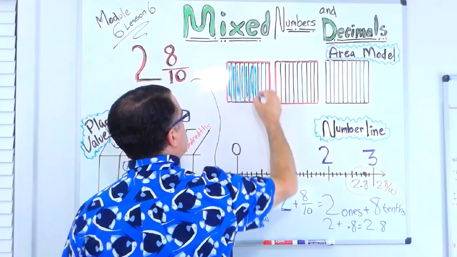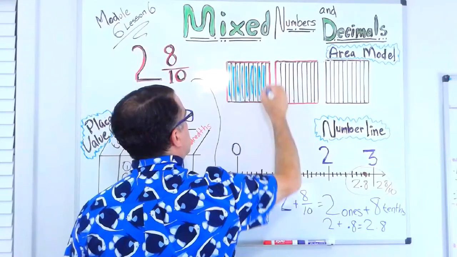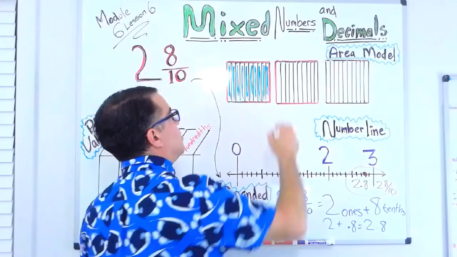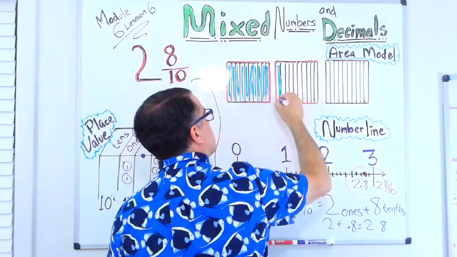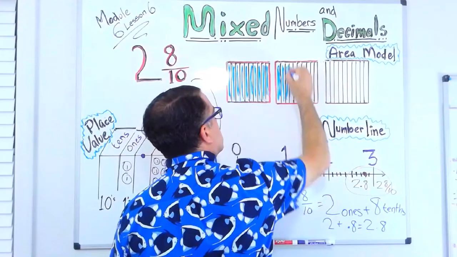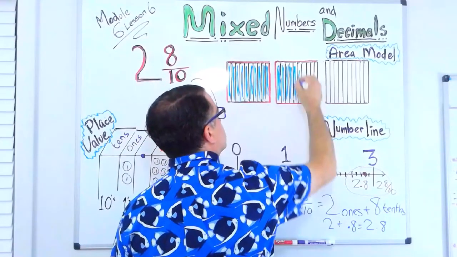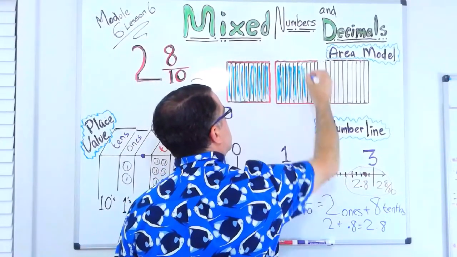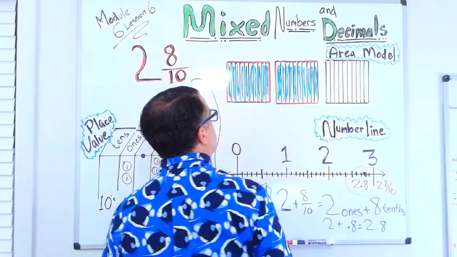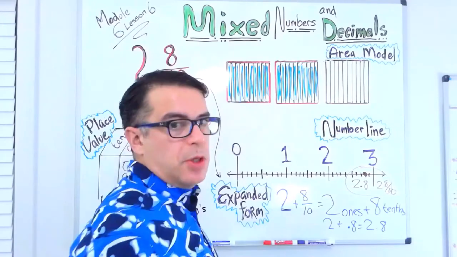Okay, there's 1 because I have 10 parts filled in. 10 over 10 is 1. Let's do another one because I have 2 whole numbers. 5, 6, 7, 8, 9, 10. 10 over 10 equals one whole number.